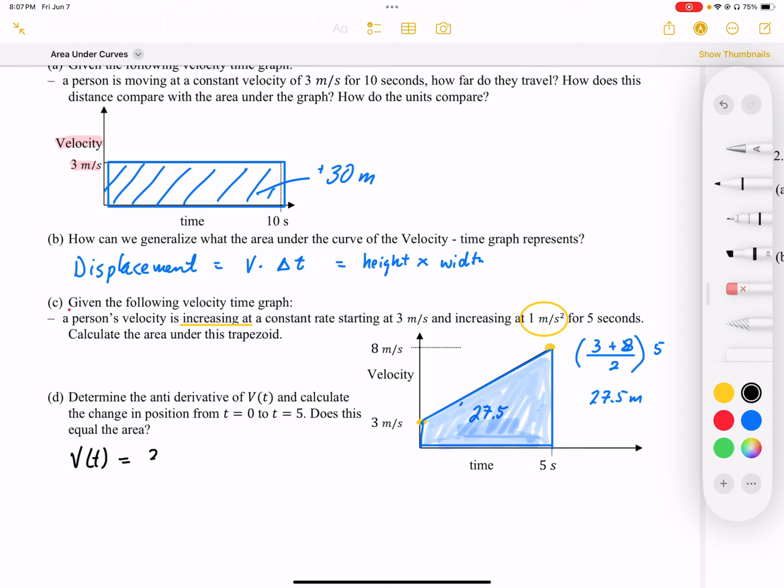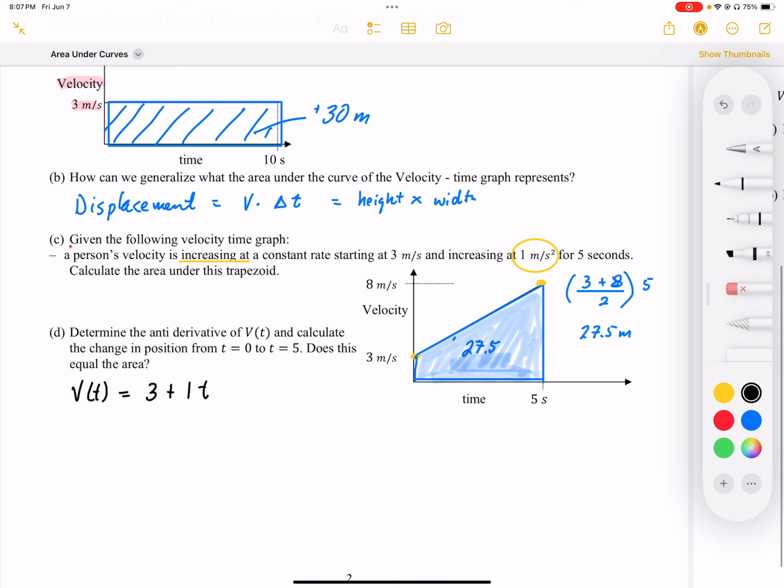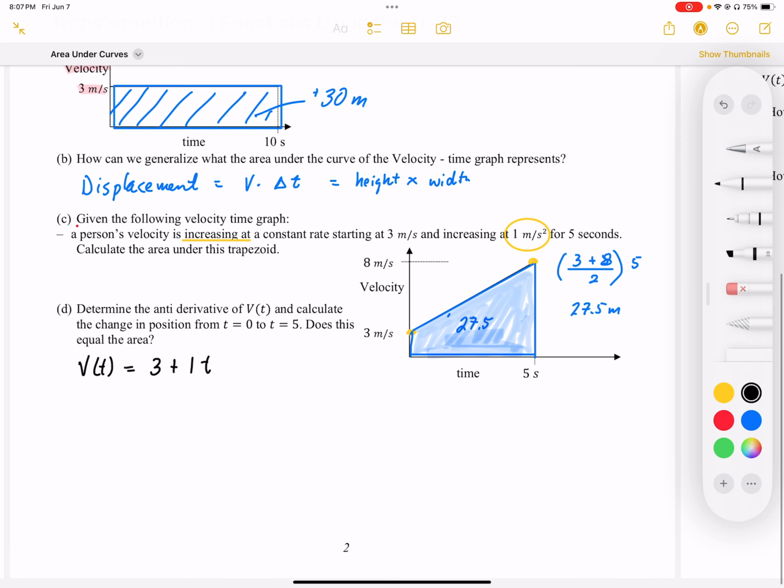We know it's going to be 3 meters per second plus 1 meter per second every second, so it's going to be 3 plus 1t. And we're saying that this has something to do with the antiderivative. So let's anti-differentiate this to get the displacement function. Well, the derivative is 3, so we're going to end up with 3t as the antiderivative. Differentiating 3t, we get 3.